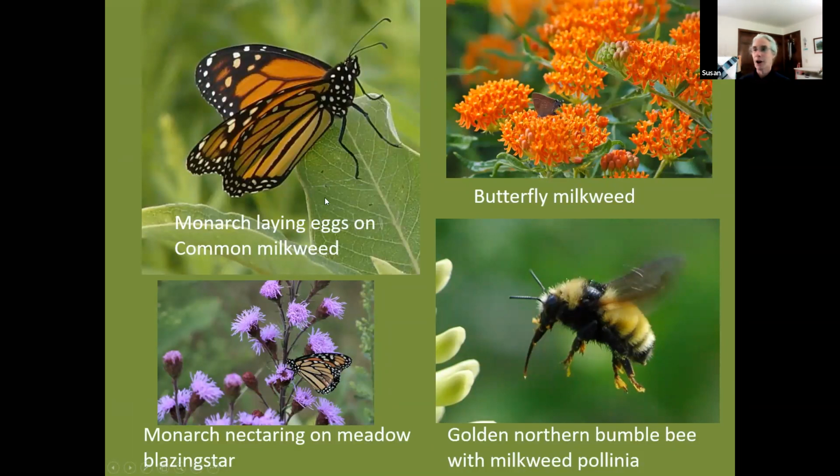Of course, the monarchs laying their eggs on the milkweed, supplying nectar and nourishment for so many floral visitors, as well as for the larvae of the monarch. The bumblebees that are visiting the flowers are carrying the pollen of the milkweed. That's what we see here on the legs and the mandibles of this bee, the golden northern bumblebee.